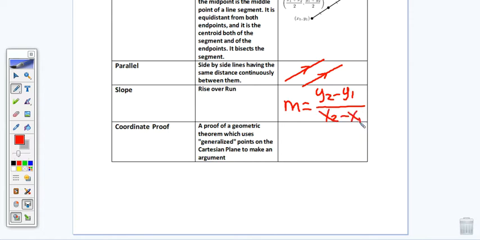And then coordinate proof. Coordinate proof is simply something that we're going to look at in a Cartesian plane to make an argument. We're going to talk about using variables as our coordinates instead of actual values to make arguments about geometry concepts in a Cartesian plane.